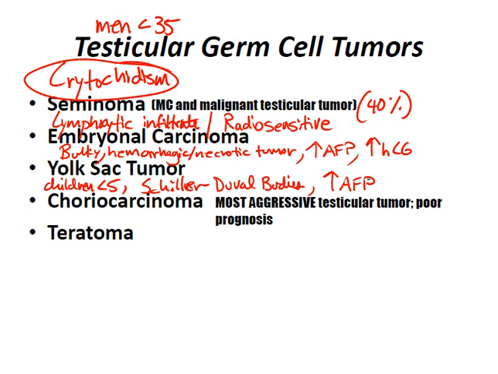So what about choriocarcinoma? It's the most aggressive testicular tumor, and it has a poor prognosis. Now, histology, it has a mixed proliferation of trophoblastic cells, which are your syncytiotrophoblasts and your cytotrophoblasts. It's often mixed. That's important. It's often mixed with other non-seminomatous tumor types.